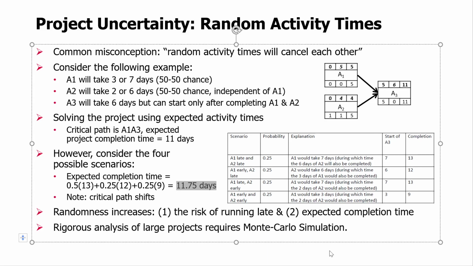But if you have a complex project, you'll have a distribution of project completion times with many possible values and different probabilities, right? So Monte Carlo simulation is actually the best solution, and some simplified methods like path analysis are actually not very good. They do underestimate the actual project completion time.